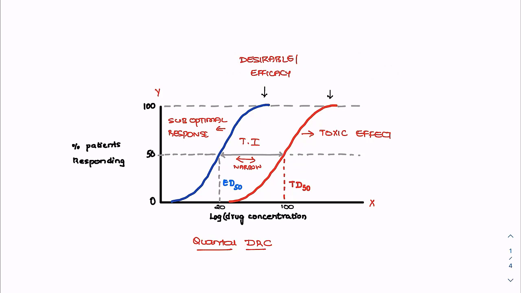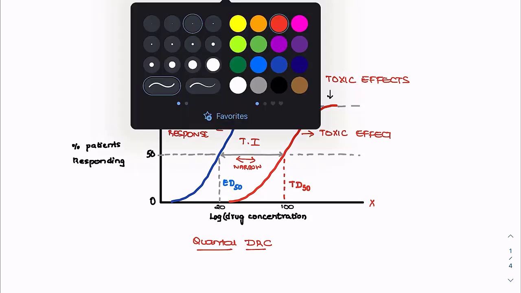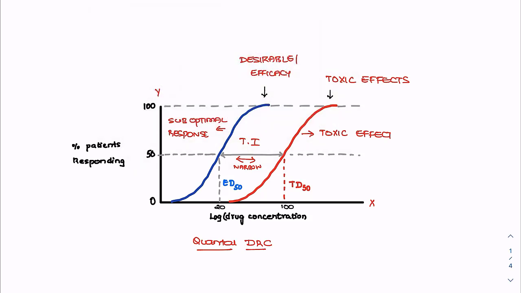Is that clear? So this end will tell you about the toxic effects. Here we are calculating the therapeutic index. What was the definition of a lethal dose or the toxic dose? It is the dose at which 50% of the population will have a toxic effect.